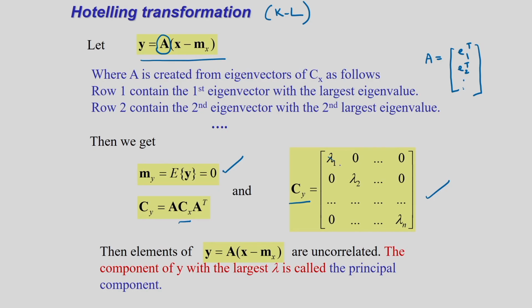I have the diagonal covariance matrix of y, and these off-diagonal elements are all 0. That means the transformed data will be uncorrelated.